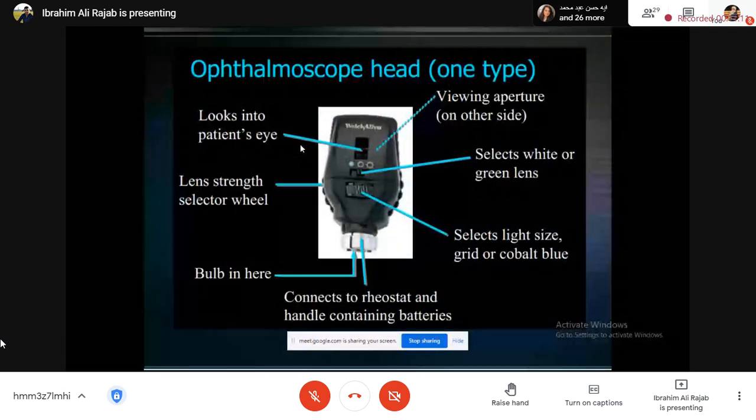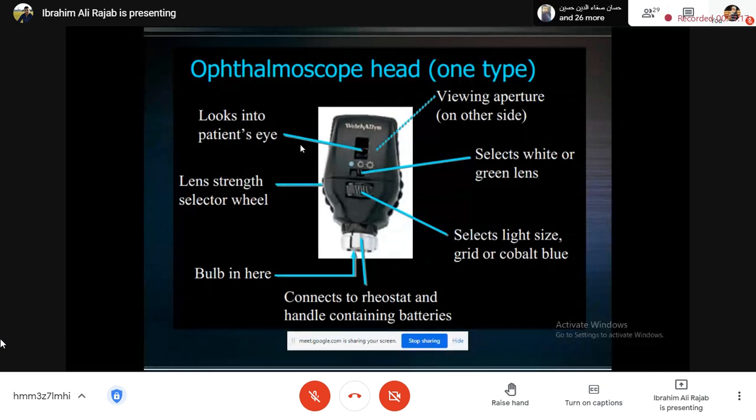This is the parts of the head of the direct ophthalmoscope, and you will see that there is a viewing aperture and there is a wheel inside, beside on the side of the head, will control the strength of the lens.